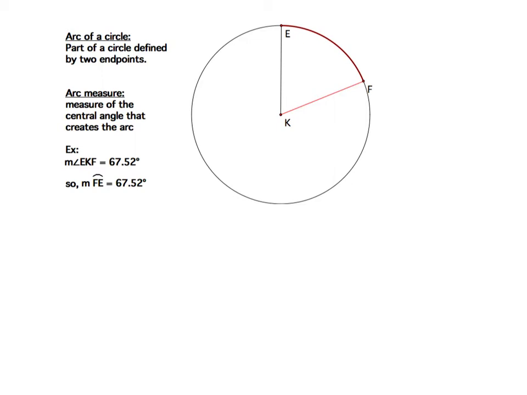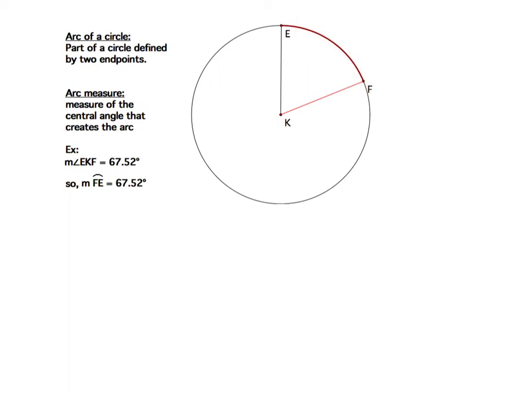And because you measure an angle in degrees, you measure an arc in degrees. Now, in your class, you might measure angles in something called radians. If that's you, then you can measure arcs in radians as well. But the measure of an arc is the same as the measure of the angle that creates that arc.